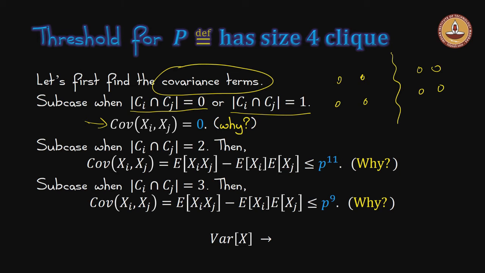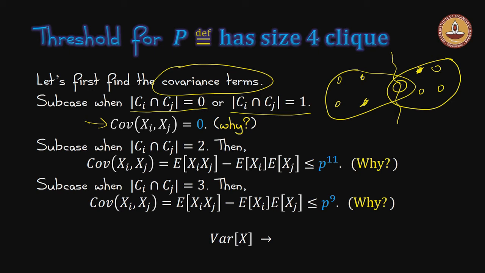What about the cardinality of C_i intersecting C_j equal to 1? What does the picture look like? Yeah, one of the vertices is common, right. So, basically let us remove each. Now we are asking, are these 4 forming a clique and are these 4 forming a clique? Okay.